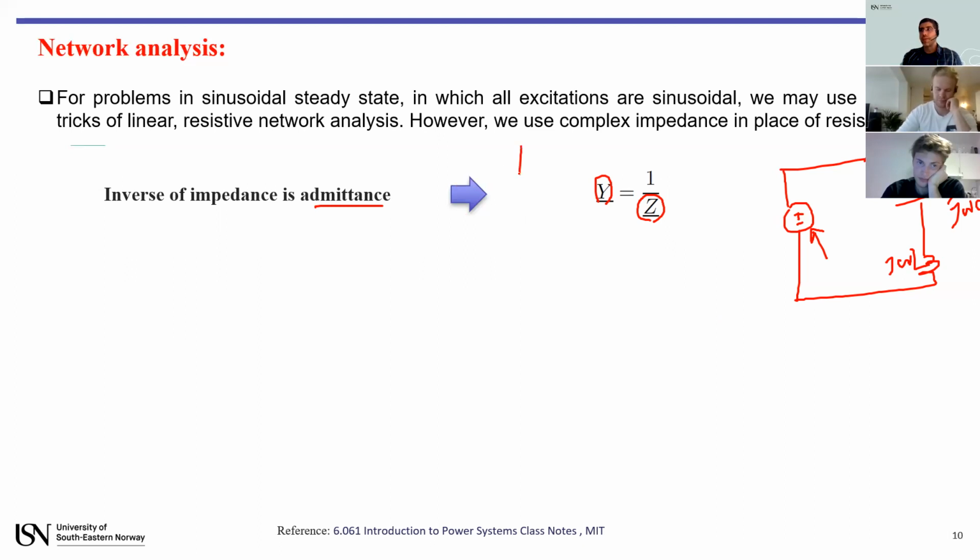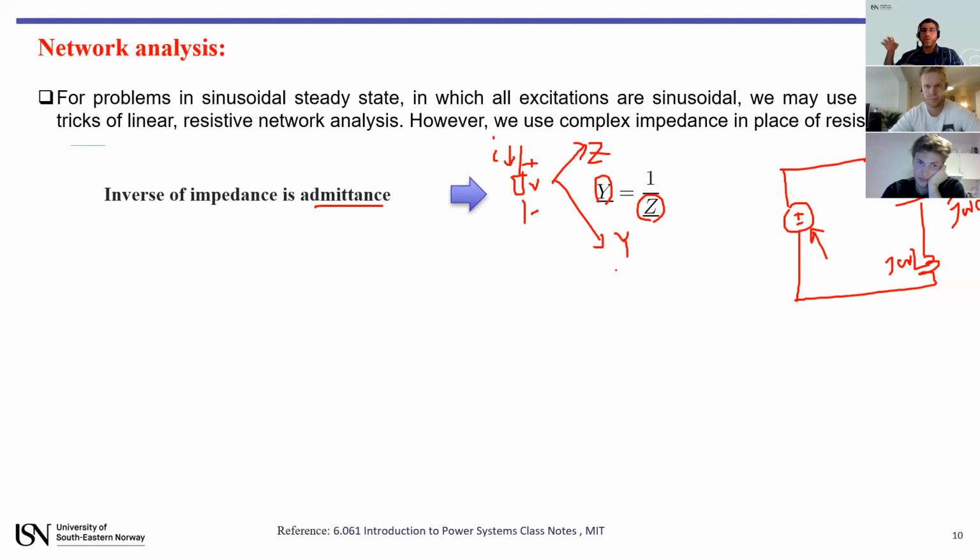Each element in the circuit has a voltage and a current. Each element can be expressed as a Z or presented as a Y, both based on your preference.